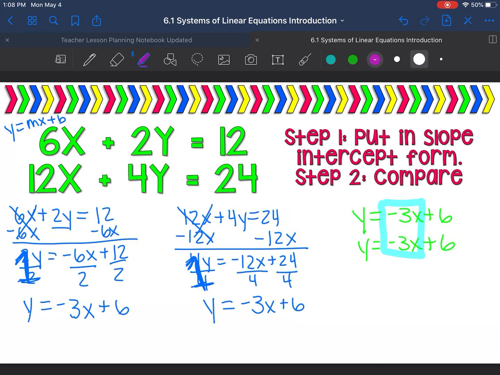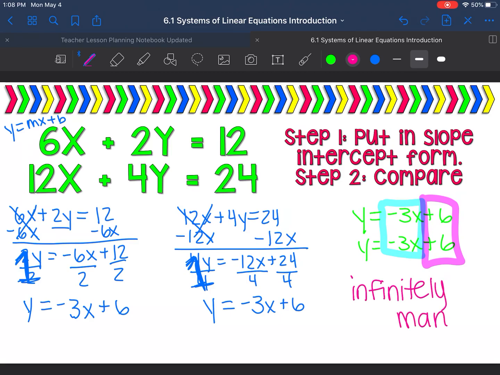Since I have the same slopes, that means I need to look at my y-intercepts. Do I have the same y-intercepts or different y-intercepts? I have the same. So since I have same slopes, same y-intercept, that means that my line is the same. So that means that the amount of solutions would be infinitely many.